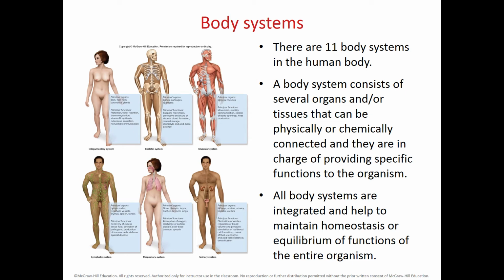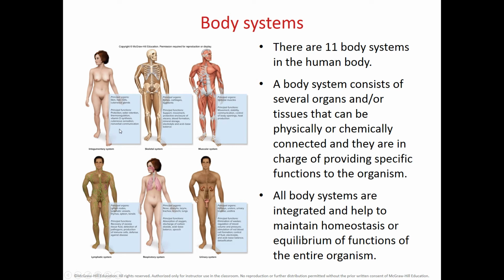So in this figure, you can see some of these body systems, like in the case of the integumentary system, which is made by the skin, hair, nails, and the subcutaneous glands that provide sweat and oils that lubricate our skin.